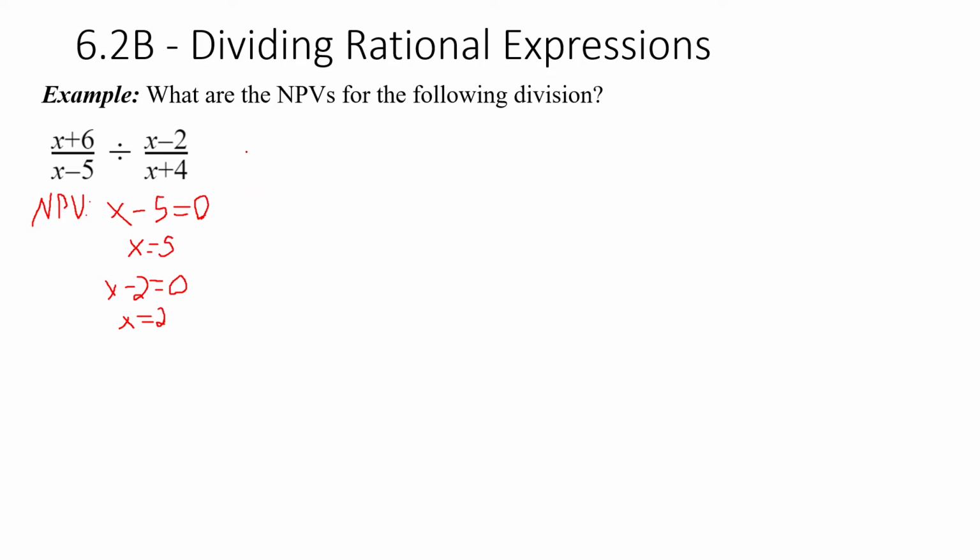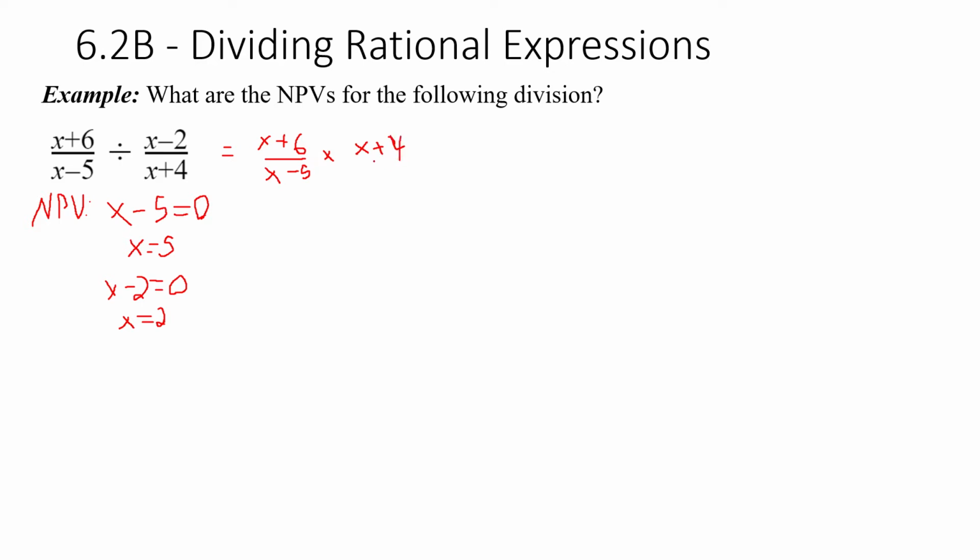So actually solving and simplifying this, let's flip that second fraction and change it to multiply. So x plus 6 over x minus 5 times x minus 2 over x plus 4.